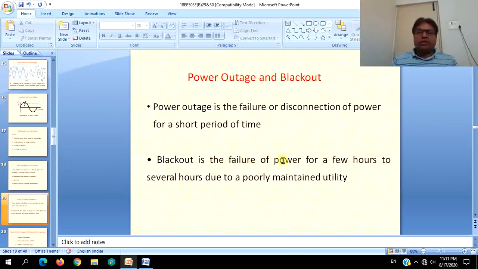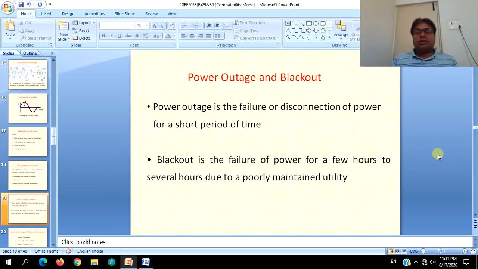Blackout is the failure of power for a few hours to several hours. When very big problems occur, due to floods, some system may collapse, towers or poles may go down, transformers may get damaged, or even generation may not be possible.